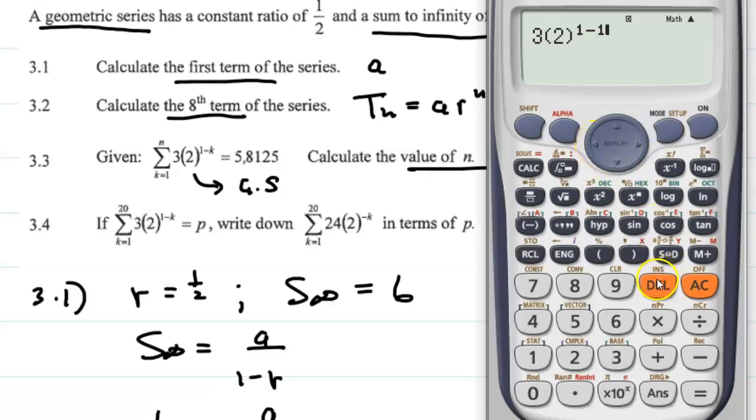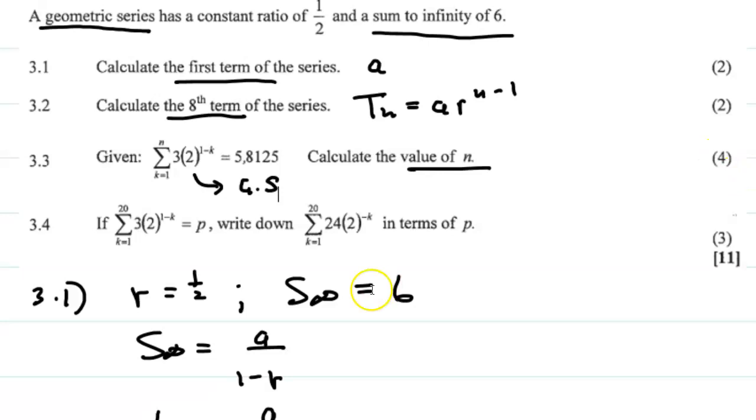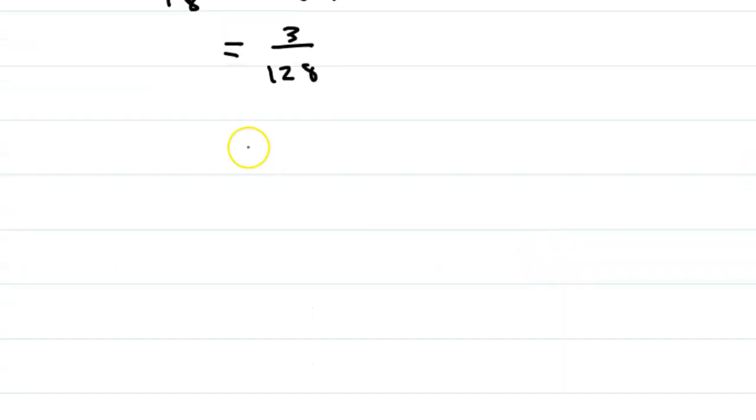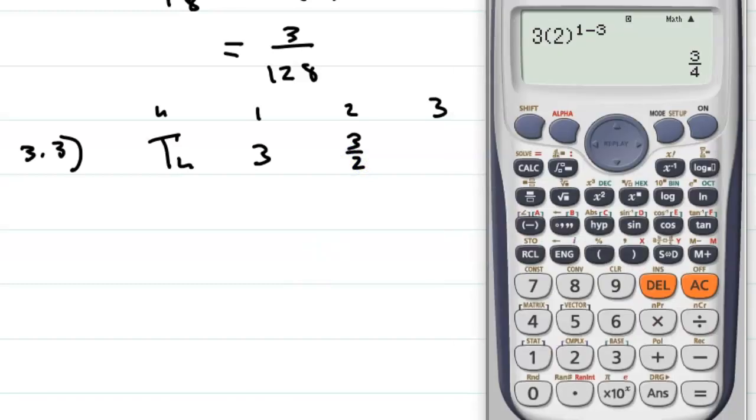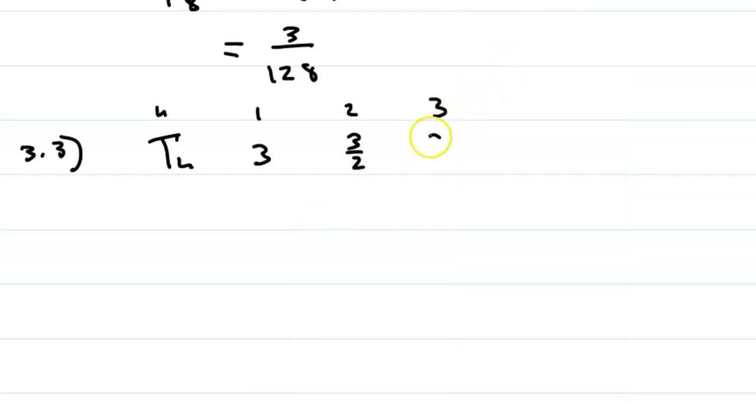Let's substitute 2 for the next term: that's 3 over 2. We got 3 as the first term, 3 over 2 as the second term, and the third term is 3 over 4. So our sequence Tn, first, second, third, is 3, 3 over 2, and 3 over 4.